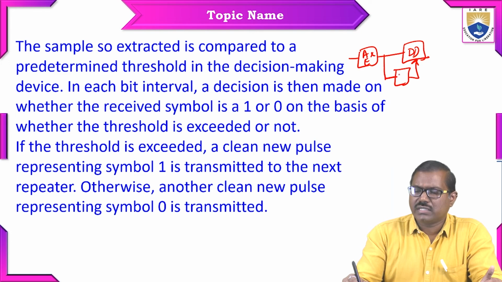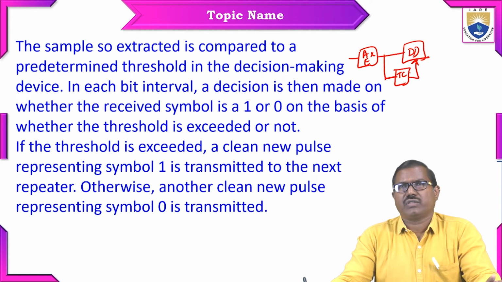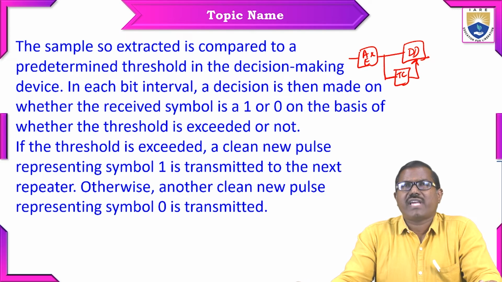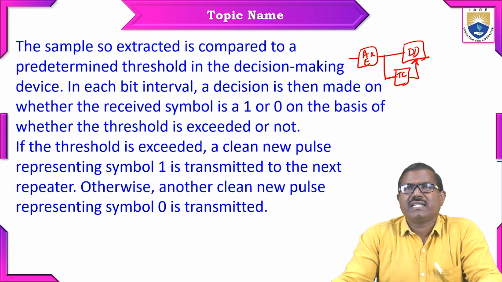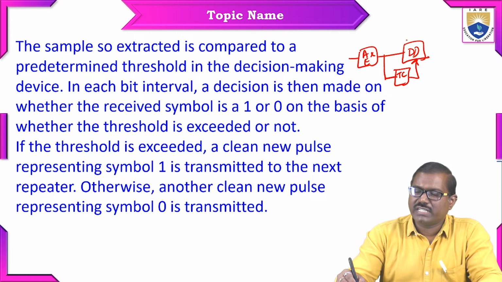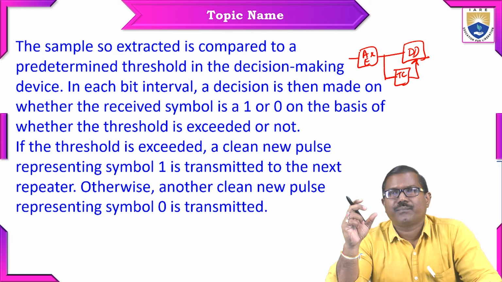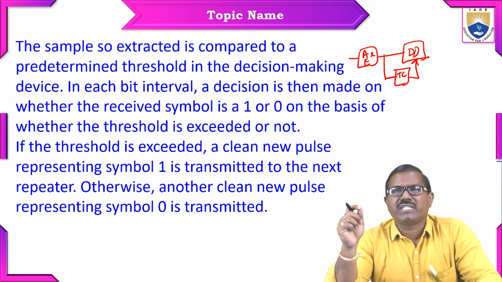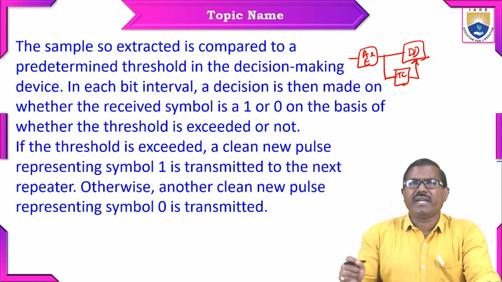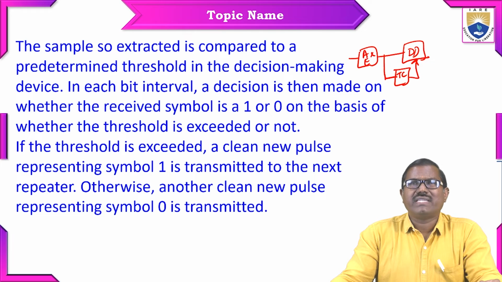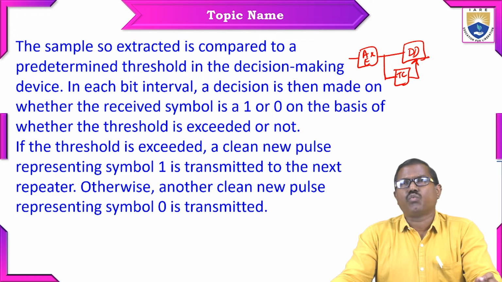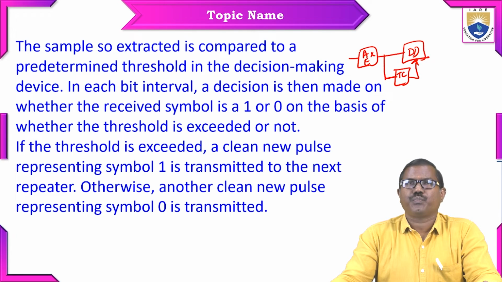So here this is our timing circuit. The sample so extracted is compared to the predetermined threshold in the decision making device, which has some predetermined threshold. In each bit interval, a decision is then made on whether the received symbol is 1 or 0. Why?